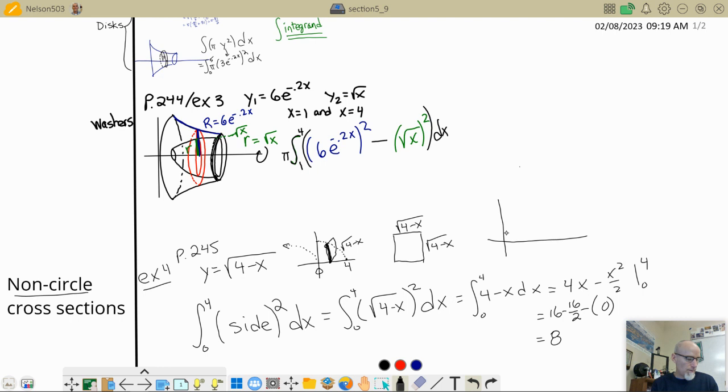Like, they've got the square root of 4 minus x here, and then they're trying to draw it in perspective like this, and then they draw their object kind of like this, and they've got the square root of 4 minus x coming this way, and then you'd have this back corner, which you can't very well see, this back corner back here. So that maybe is okay. And then one of our little cross sections is like in here.